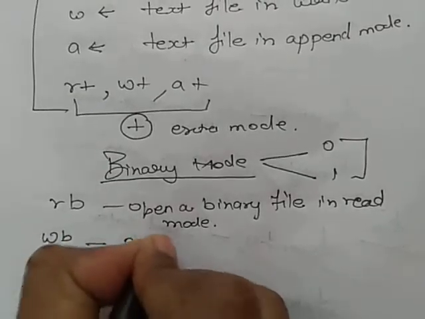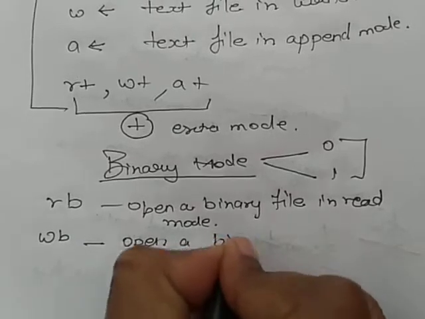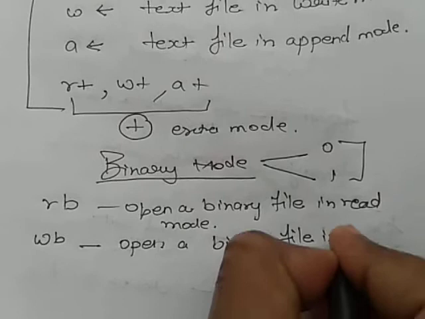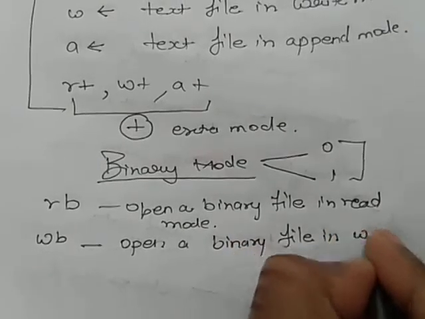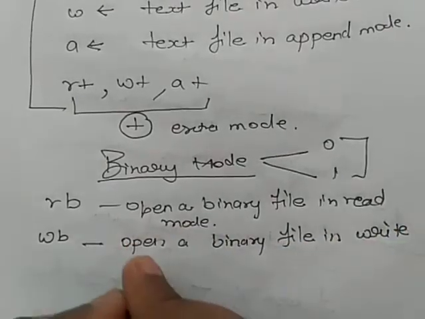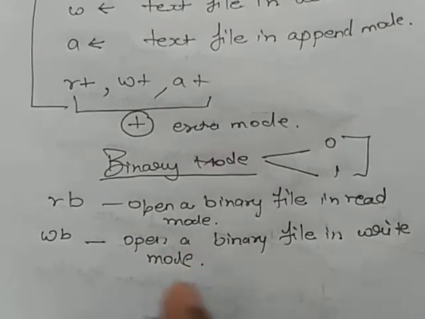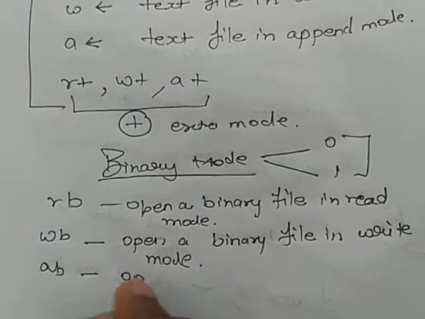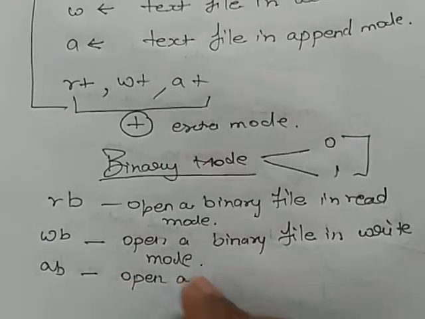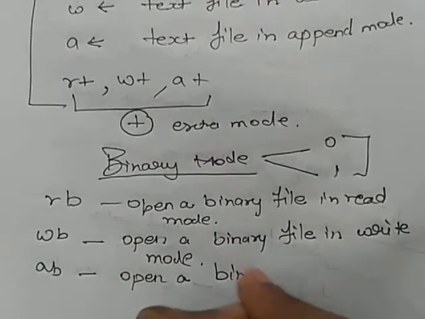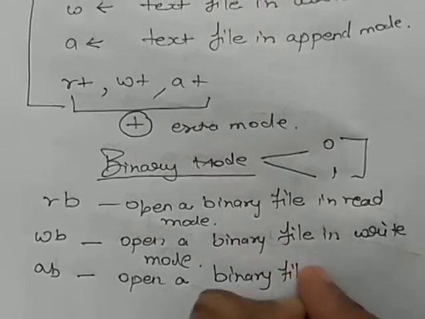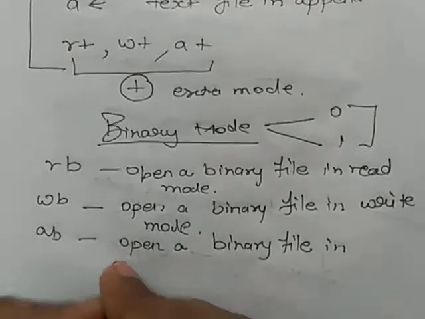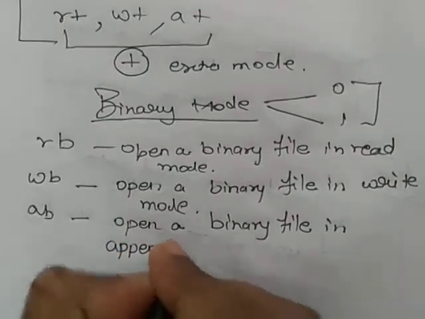WB opens a binary file in write mode. AB opens a binary file in append mode.